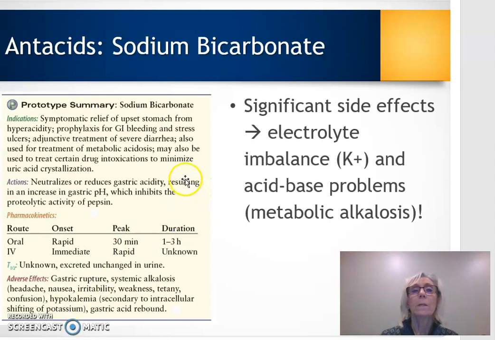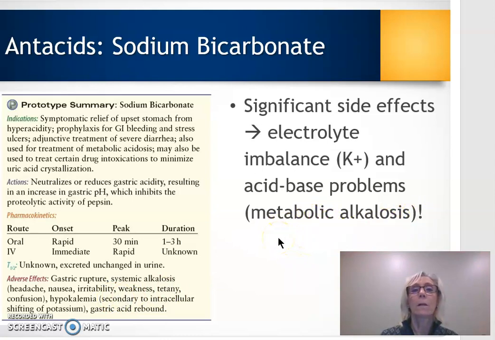Sodium bicarbonate is trying to neutralize the gastric acid. But the problem with sodium bicarbonate is that it can cause a problem with electrolytes. It can cause hypokalemia. It can also cause a metabolic alkalosis, because we're adding all this sodium to the patient.